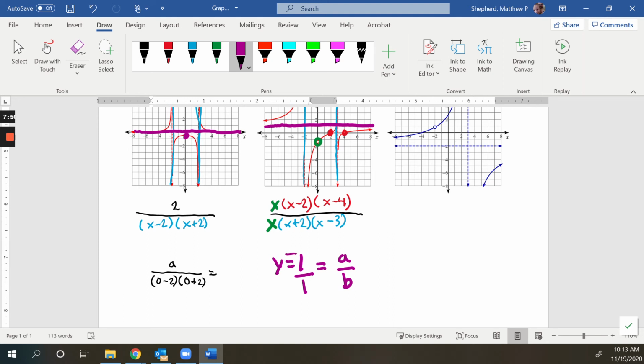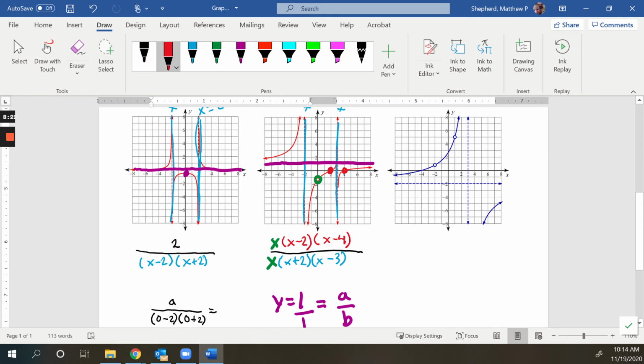Now the direction said to then multiply the a to the numerator, b to the denominator. Both of them are 1s. Anything times 1 is just itself. So I'm not going to bother to write those 1s up there. But we have verified that the coefficients of the numerator and denominator are just 1s. And that's done. That's the equation that makes that graph.